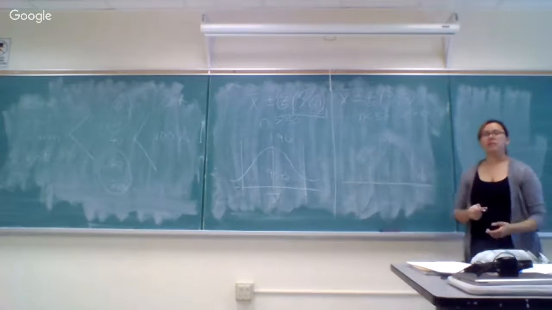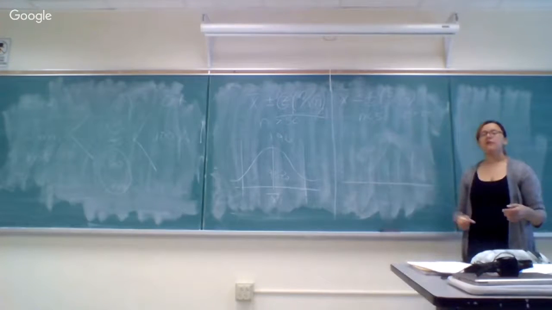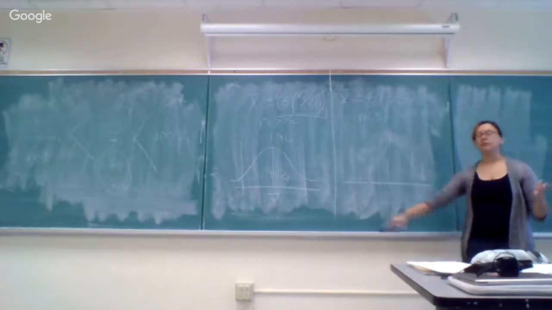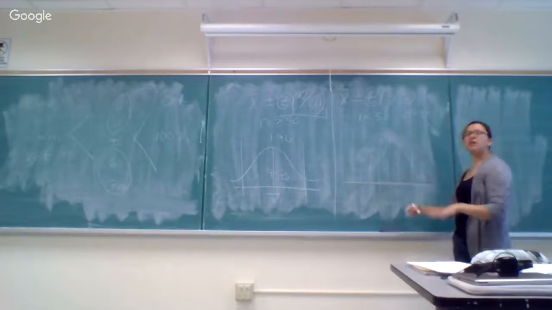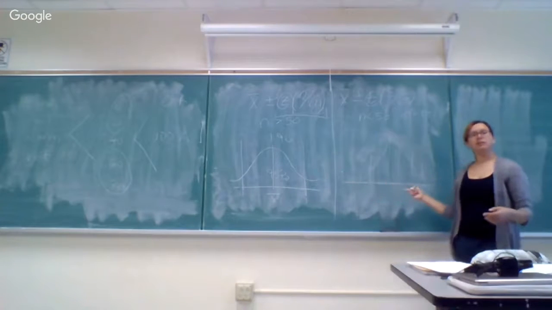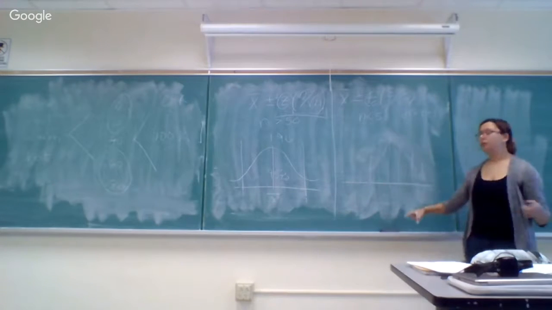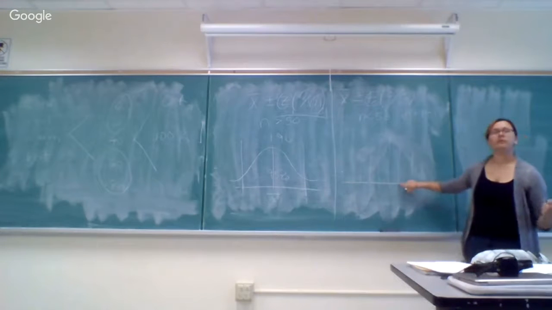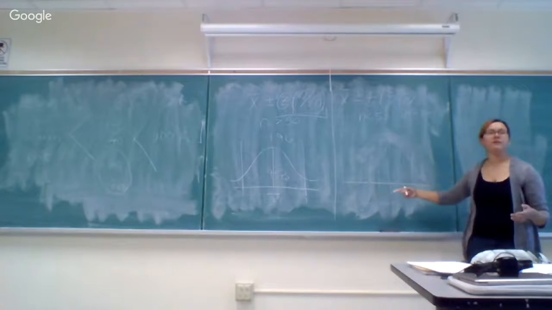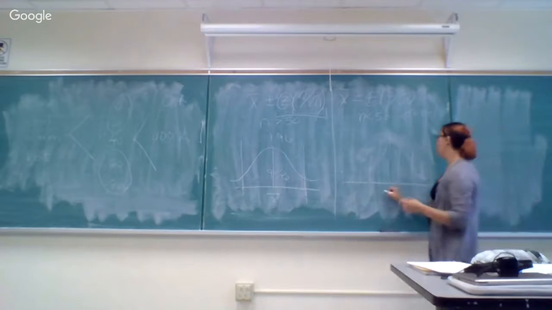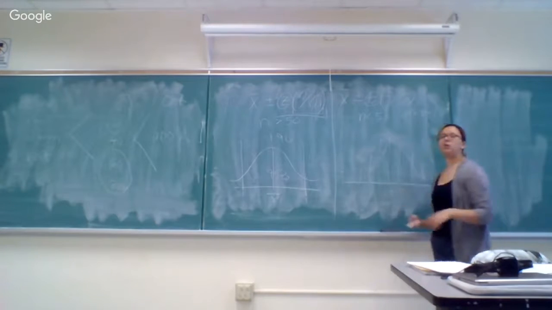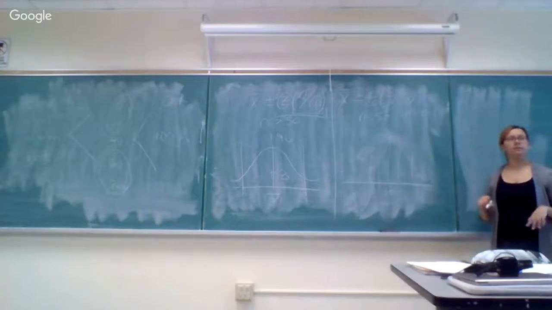An easier example would be a coin flip. If I flip a coin 50 times, these are all the probabilities for getting so many heads. So 30 out of 50 would probably be somewhere here. And 25 out of 50, we expect 50-50, so 25 is probably the highest point, right in the middle.